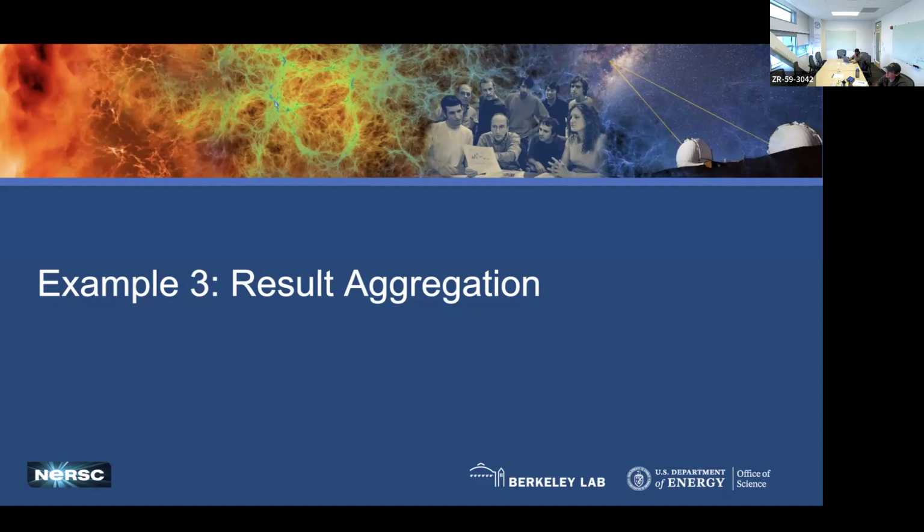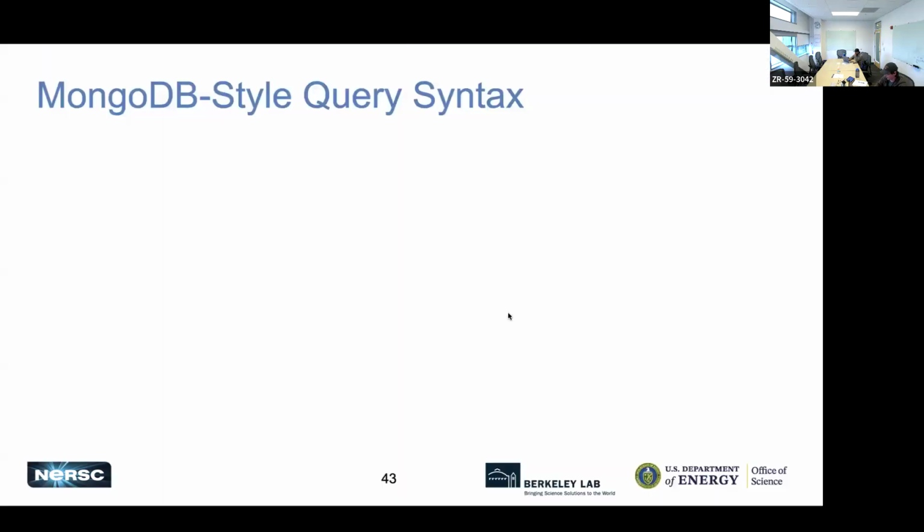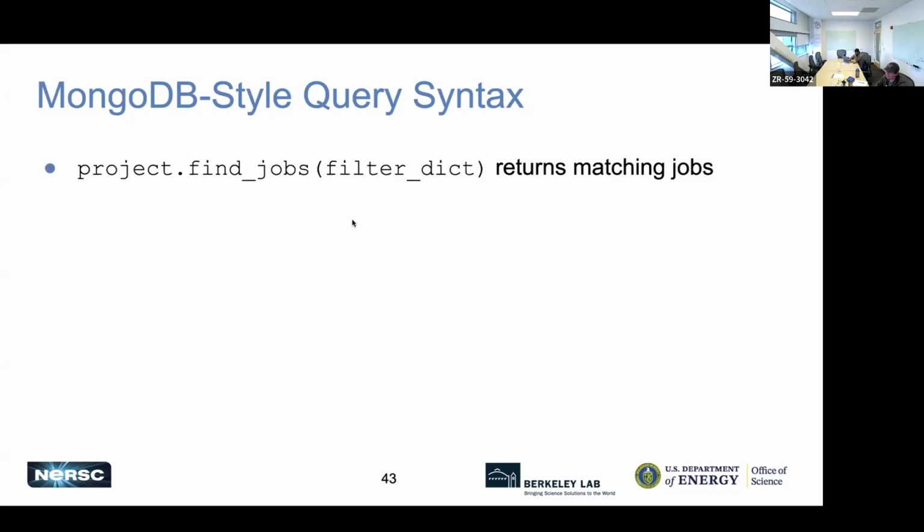Now that the actual compute has been run for each state point in the signac parameter sweep, you get access to a query syntax that lets you search through, filter, scan out pieces of that, and actually do work with the parts that you're interested in. So you can find jobs based on filters, and you'll end up with this object that has just the matching jobs that you want.